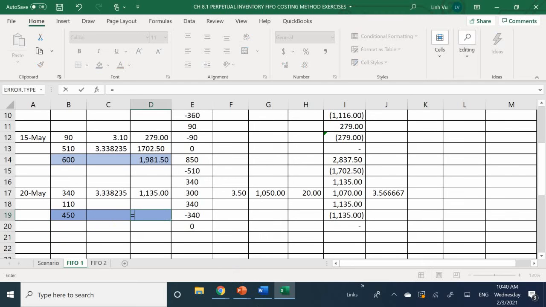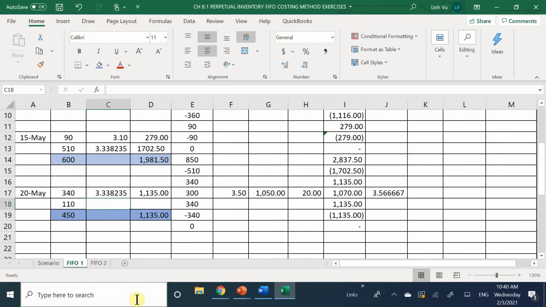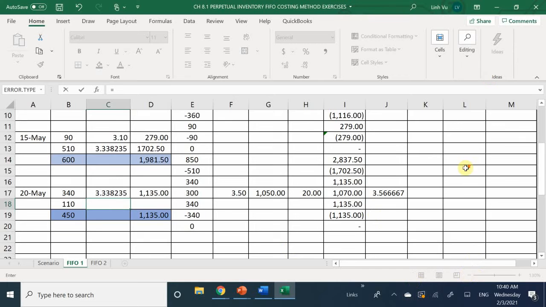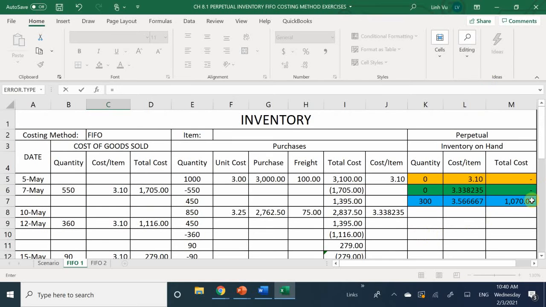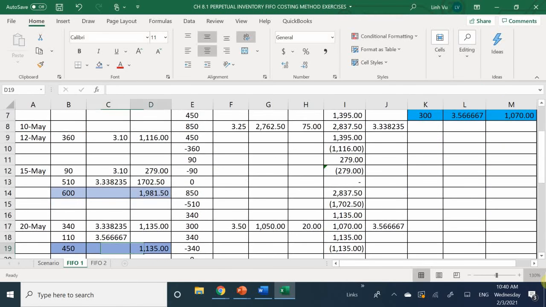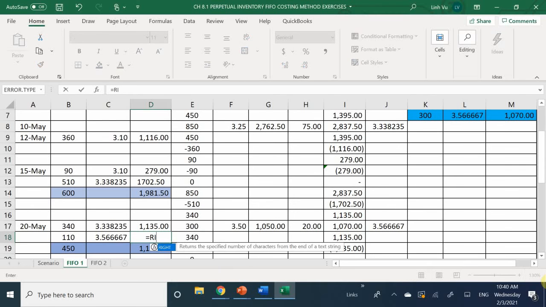So in this case, I need to calculate how much 110 items are going to be. How much is my cost per item for my blue batch? It's 3.56667. Because it's not an even number, I'm going to throw in my round formula so I can get a nice, easy number.